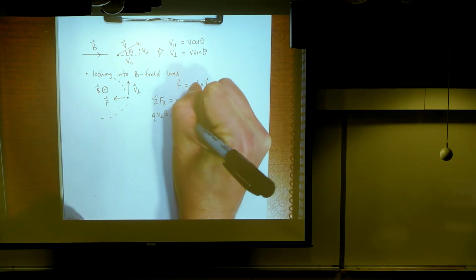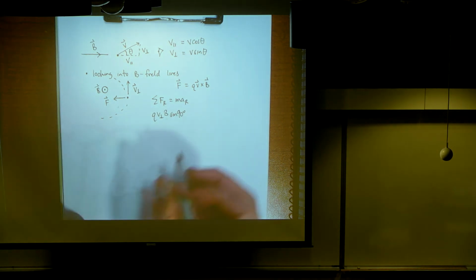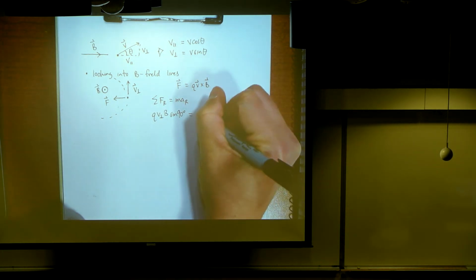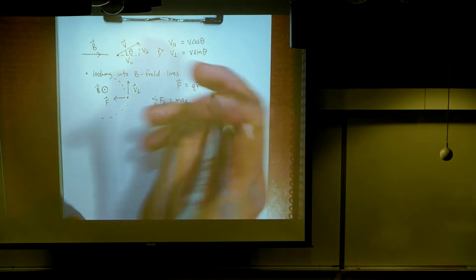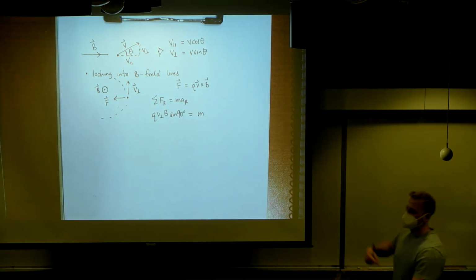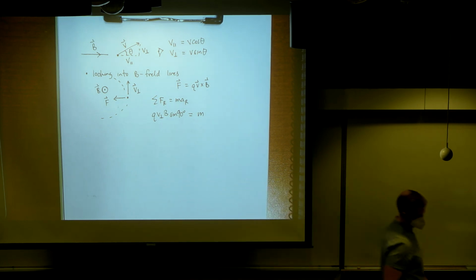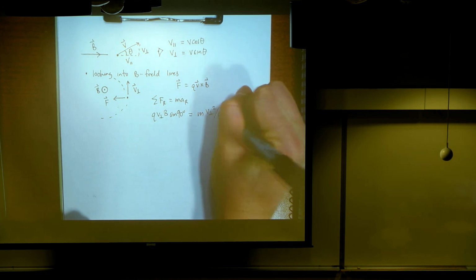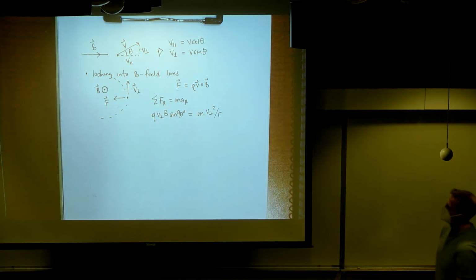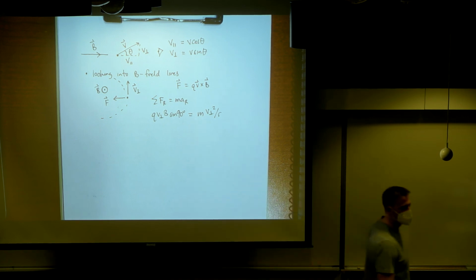So I'll write sine of 90, again between these two vectors. And that equals m v squared over r. Well, again, it's only v perpendicular that's participating in the circular motion. V parallel is just going in a straight line like that. So we have m v perpendicular squared over r. That's just the way we define the centripetal or radial acceleration, v squared over r, but it's only applying to v perpendicular.